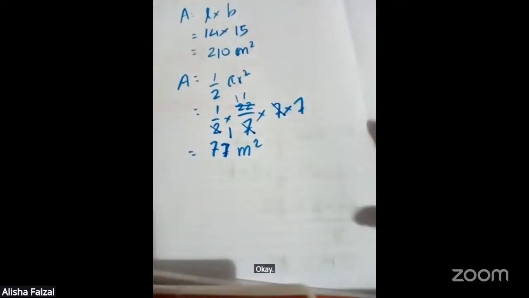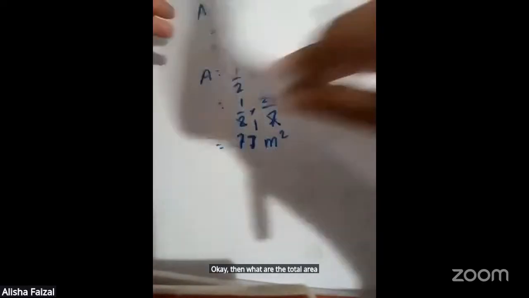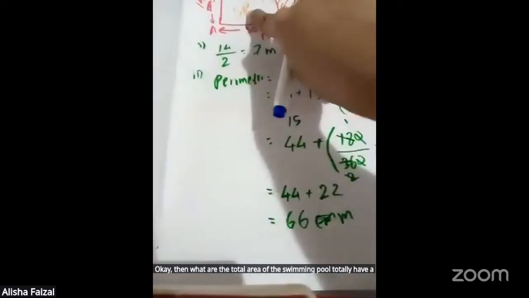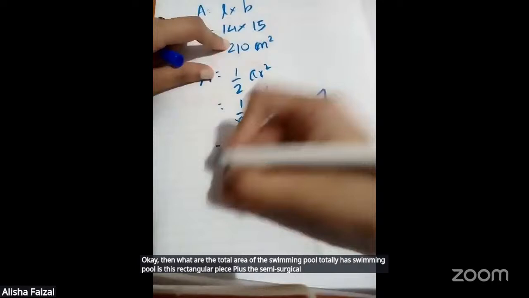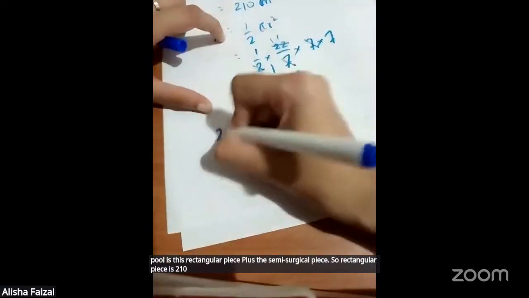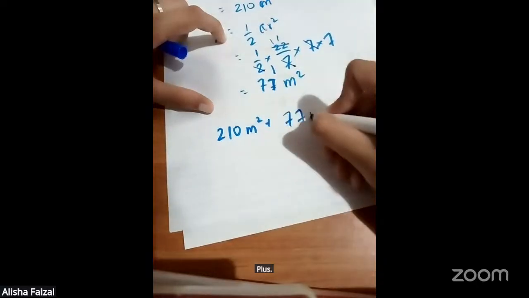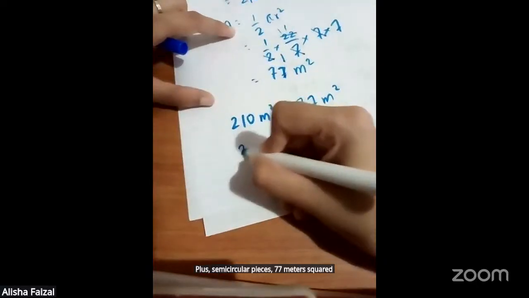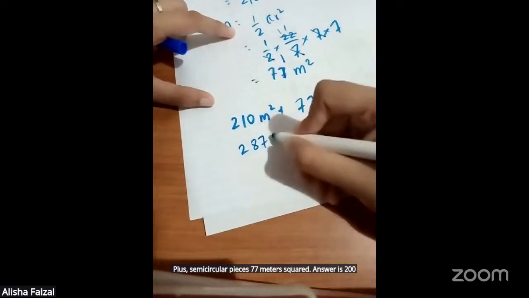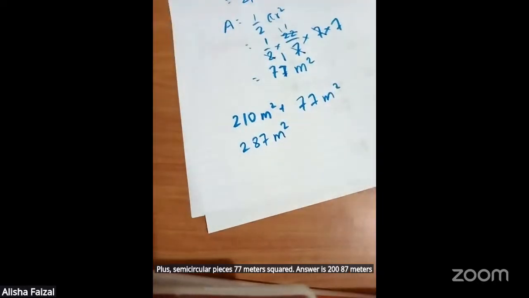Then what is the total area of the swimming pool? It is this rectangular piece plus this semicircular piece. The rectangular piece is 210 meters squared plus the semicircular piece, 77 meters squared. The answer is 287 meters squared.